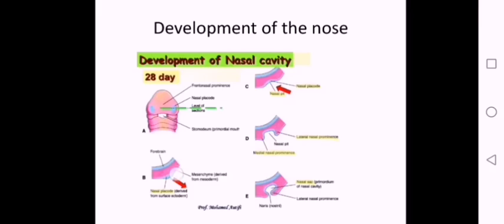They appear because of the proliferation of the ectoderm covering the frontonasal prominence. And the center of each nasal placode begins to depress. So a depression appears in the center of the nasal placode, and this depression is called the nasal pit.